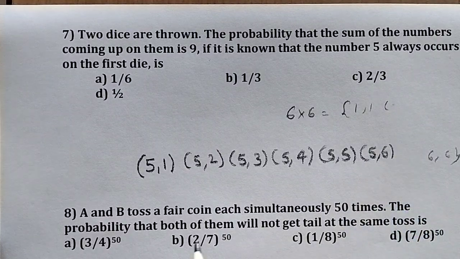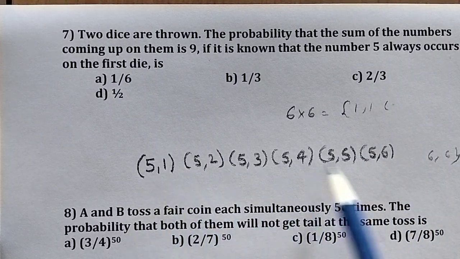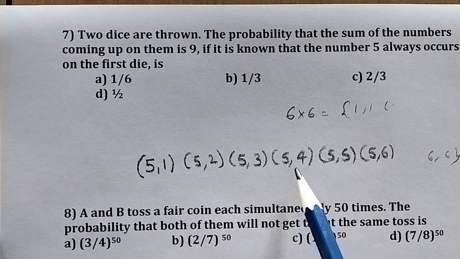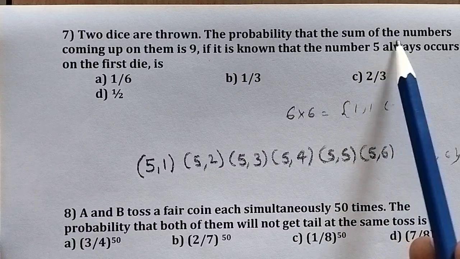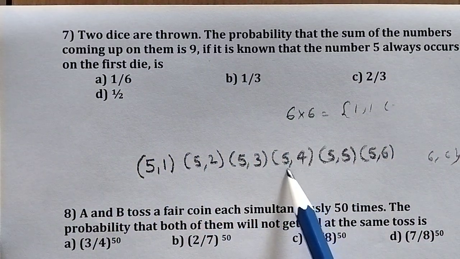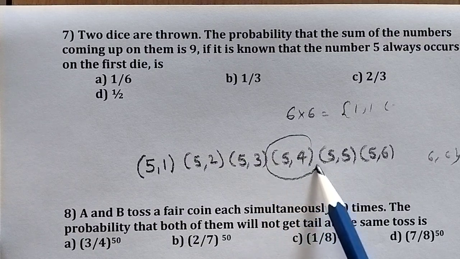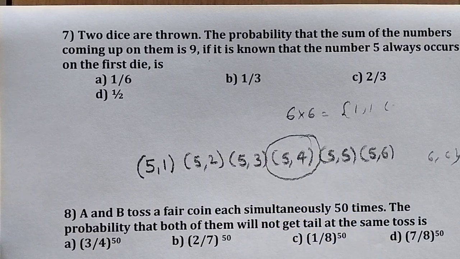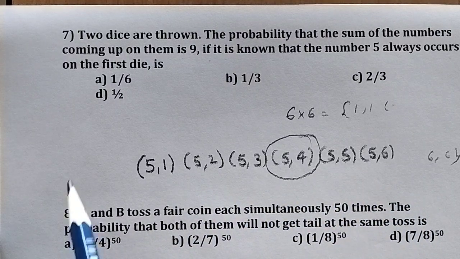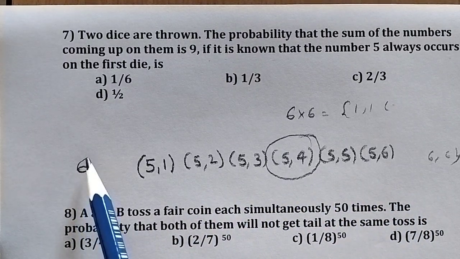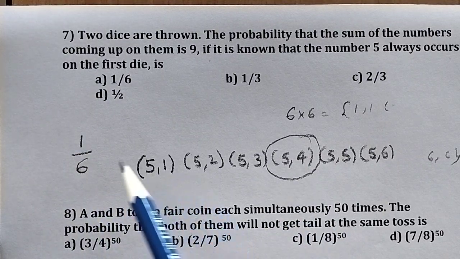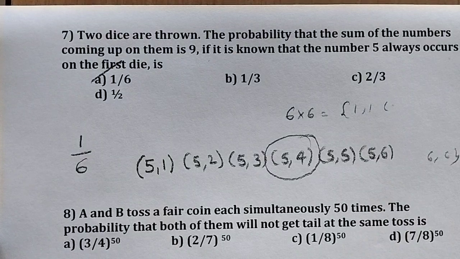Totally 6 outcomes. Out of these 6 outcomes, it is asking that the sum of those 2 faces is 9. Where we are getting the favorable outcome, that is only 1. There are no other values with sum 9. So out of 6 there is only one result that sum is 9. Now your answer is 1 by 6.